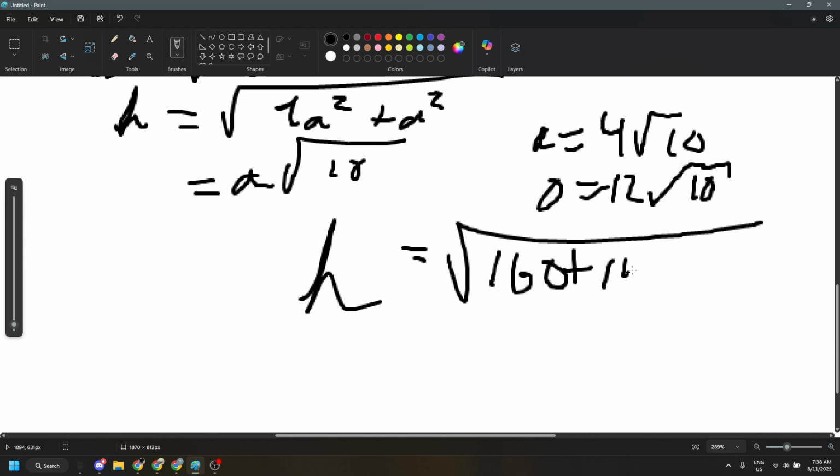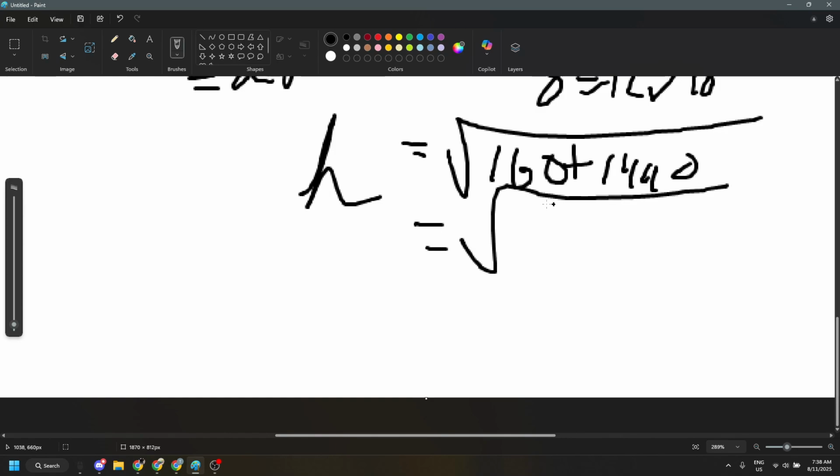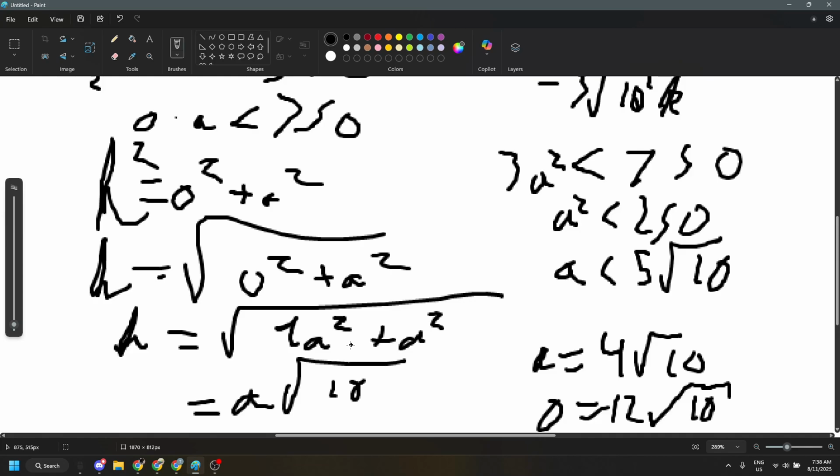This needs to be 1440. So it's equal to the square root of 1600, which is equal to 40. I don't know if this is correct, but let's see. Oh, it's 49.